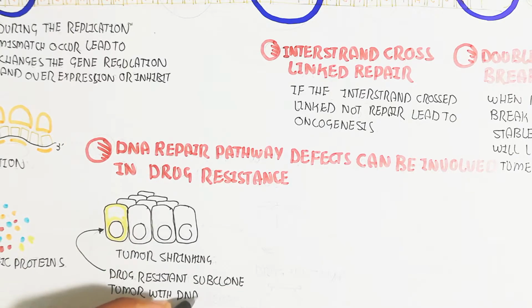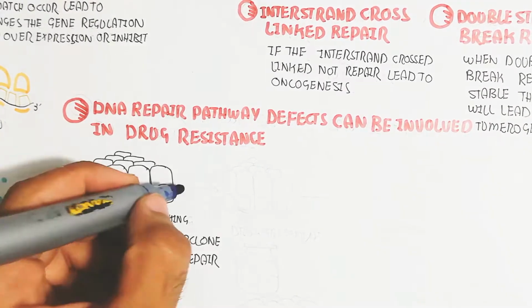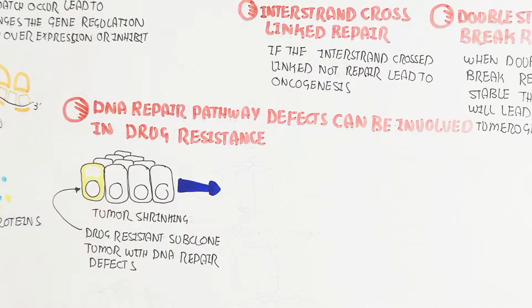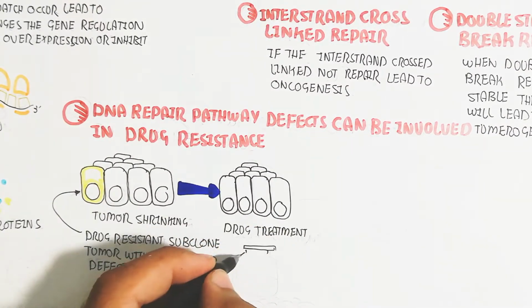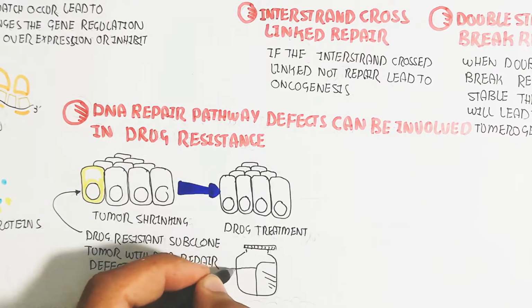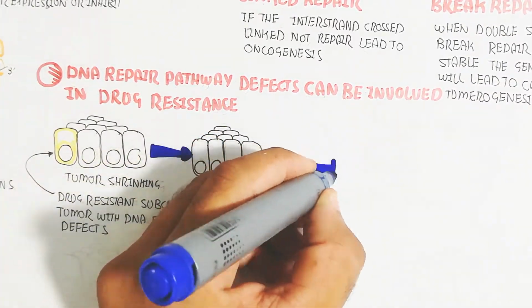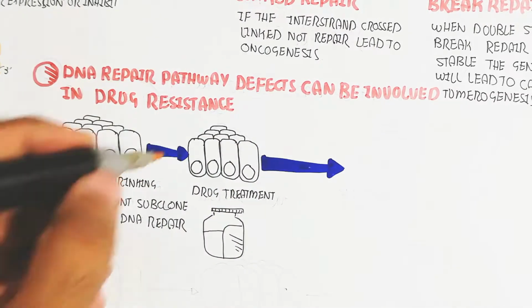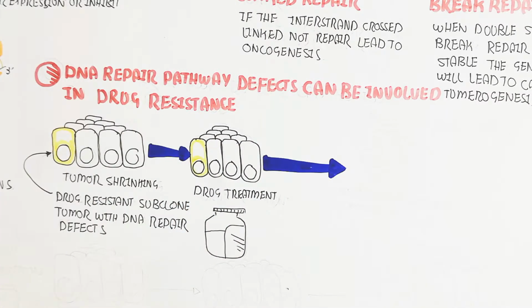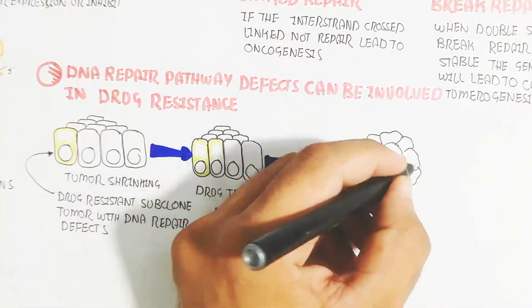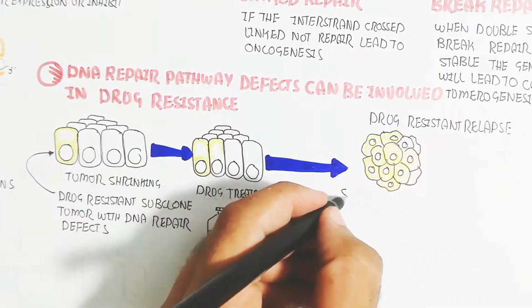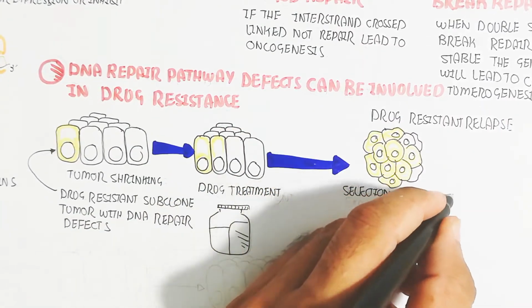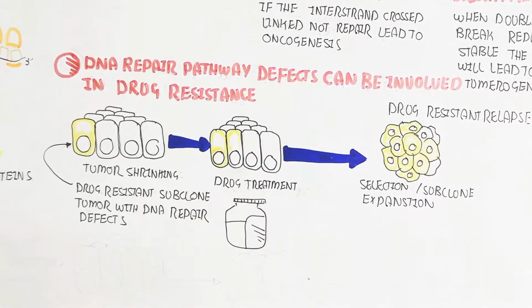This is the tumor shrinking due to the drug being provided. The drug resistant subclone tumor has a DNA repair defect. This drug resistant cell will proliferate, and the drug treatment will not be effective due to the adaptation of this cell via drug resistance gene activation. This is the drug resistance relapse and selection and subclone expansion. The drug is able to shrink the tumor, but the tumor will not shrink due to chemotherapy or other drugs.